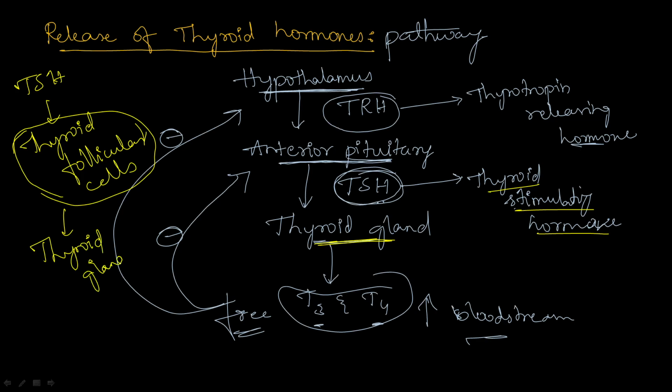TSH acts on these thyroid follicular cells, which are specialized cells for the synthesis of T3 and T4. Do remember that thyroid follicular cells are stimulated by thyroid stimulating hormone, and then they release T3 and T4.